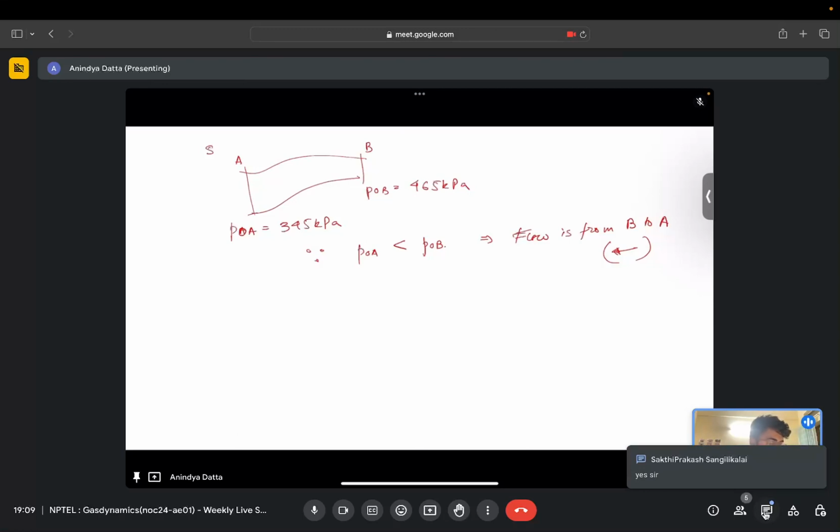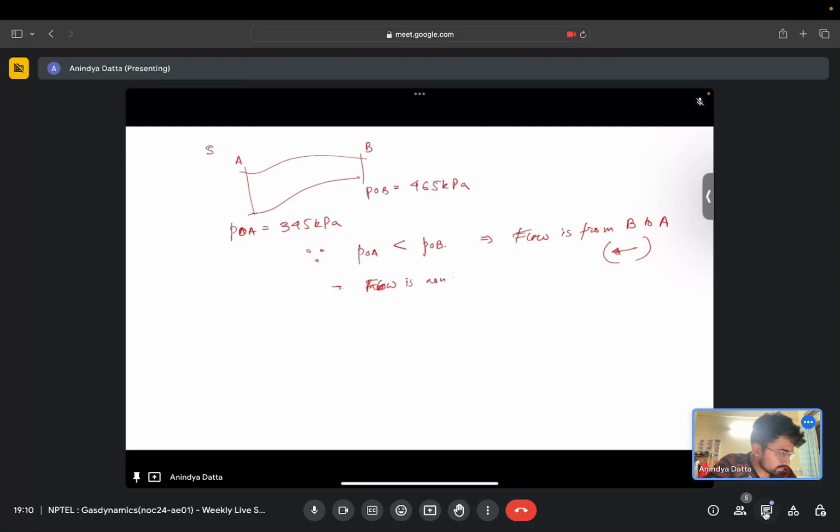And what else we can say is that the flow is non-isentropic, because the stagnation pressure is decreasing. One more thing, two important points. When we say that the flow is adiabatic, the stagnation temperature stays constant.